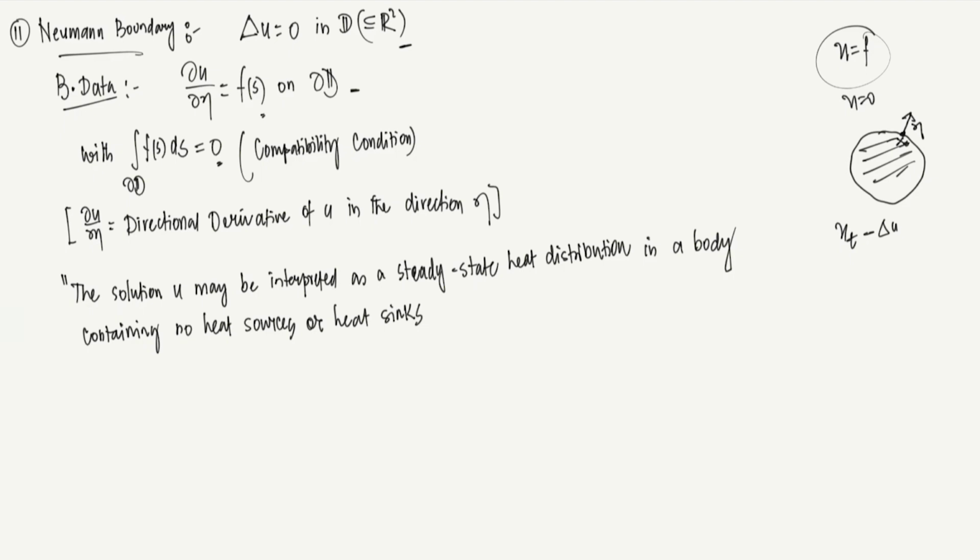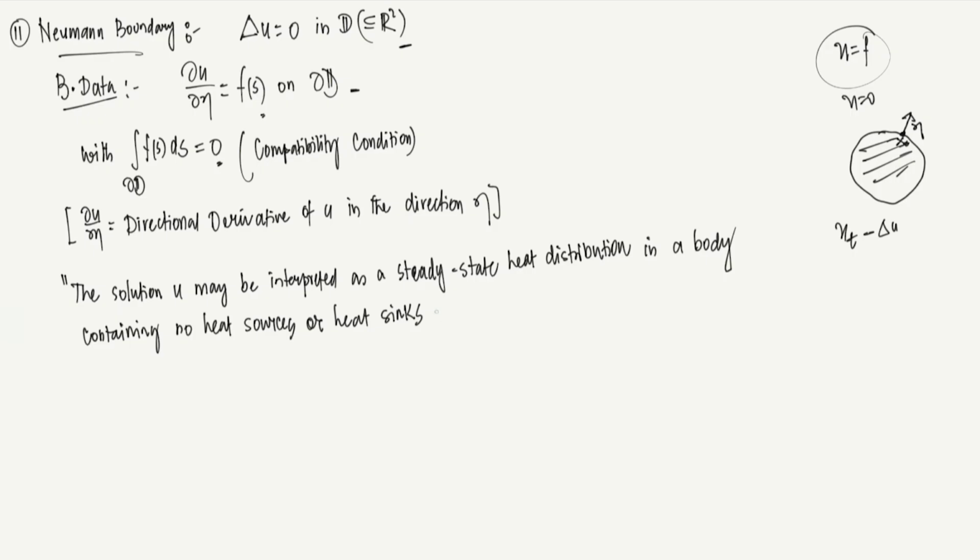A sink is basically something like a hole where the heat drains down. No source means nothing adds heat, and no sink means the heat is not released from the domain. So the solution u represents the steady state heat distribution in a body which does not contain any heat sources or heat sinks.